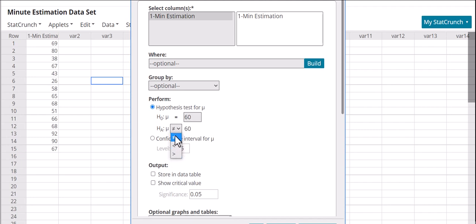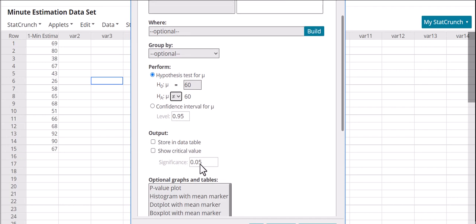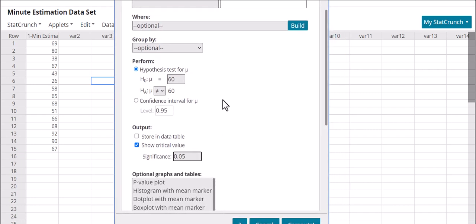But here we'll keep it at not equals. Our significance level was 0.05. If it wasn't, like if you wanted to change it to 0.01, then just click on show critical value and then you can change it. But in this case, we'll just leave it at 0.05 and then compute.